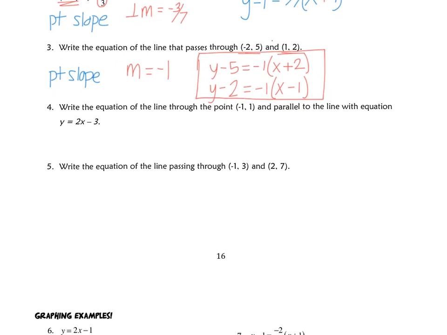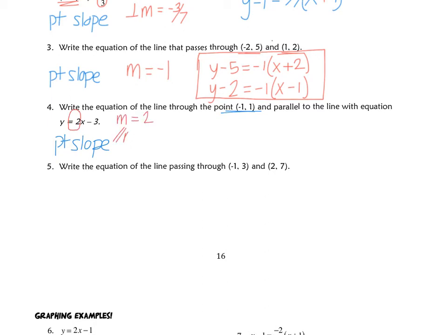Number 4. Write the equation of the line through the point and parallel to the line with the equation y equals 2x minus 3. Here, point and a slope, so I'm going to do point slope. This equation is y equals mx plus b, so my slope is 2.